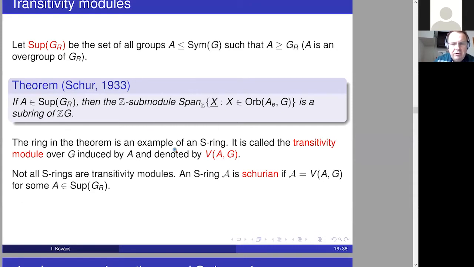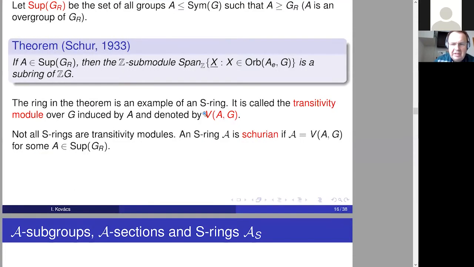Clearly, this subring satisfies all the axioms which we saw in the S-ring definition. It's a partition, for any X the inverse is just the paired orbit, and the identity element is clearly just one orbit of the point stabilizer of the identity.